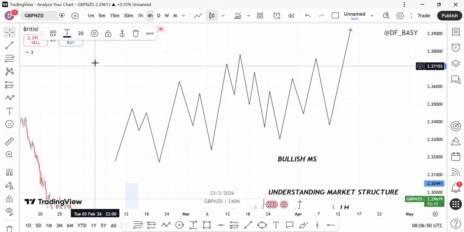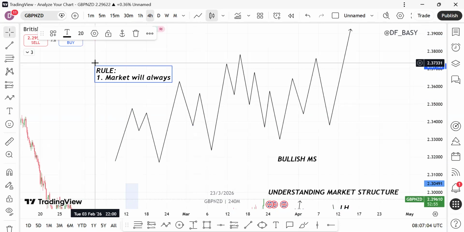So let me type that out as a rule. Rule number one, market will always, let me write BS as break structure, break structure following the trend.